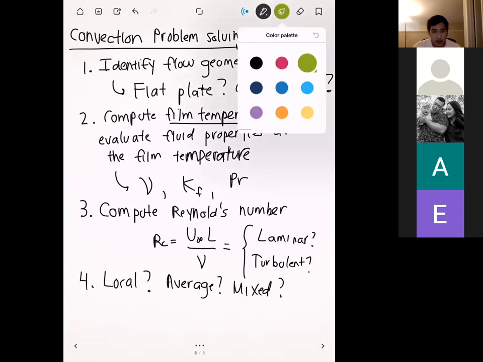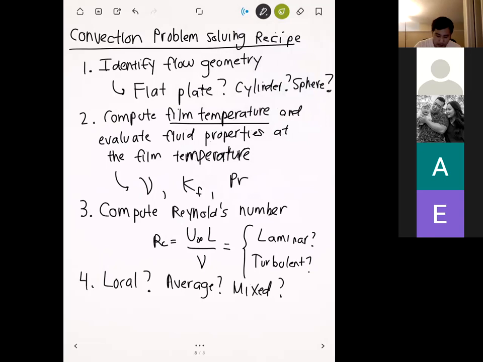And I would say 99% of the time you're going to need either average or mixed, because a lot of times we're interested in the overall heat transfer from a surface. We usually don't care too much about the little details. And so most of the time we're not going to need local.